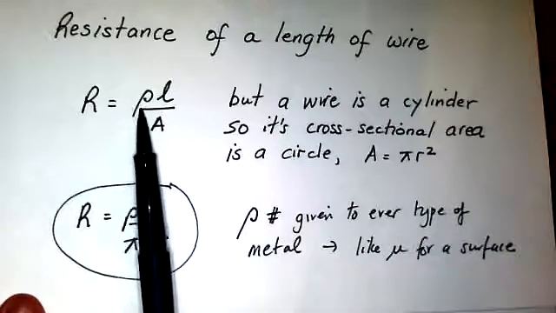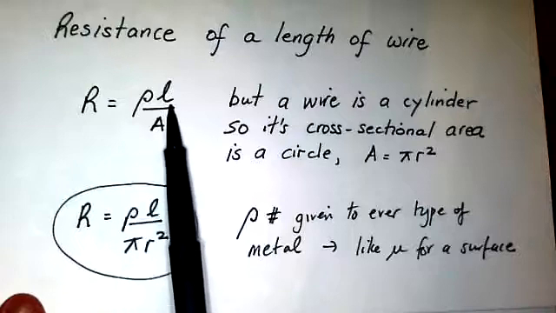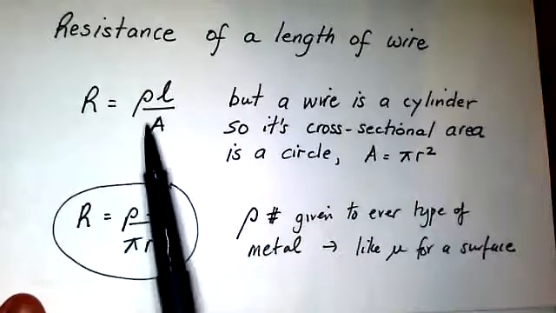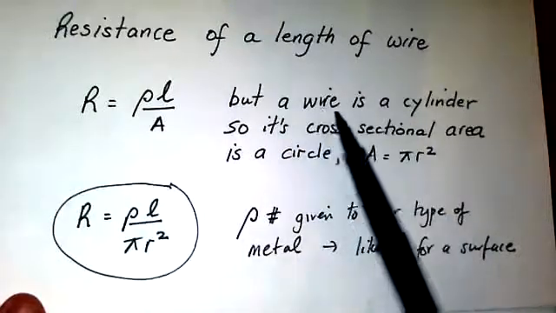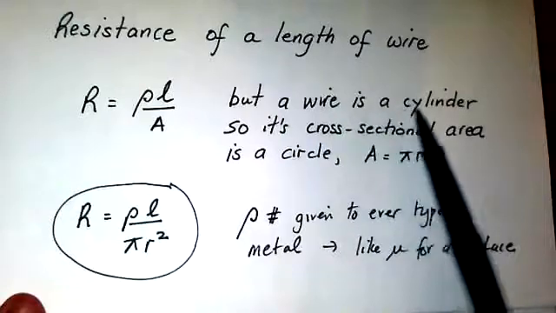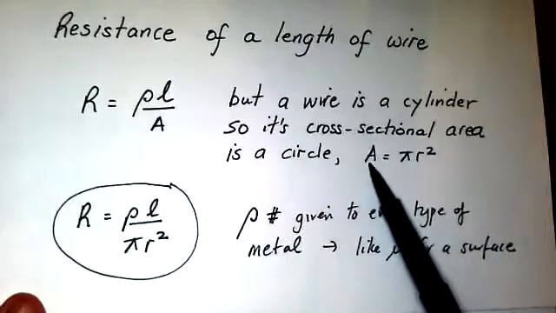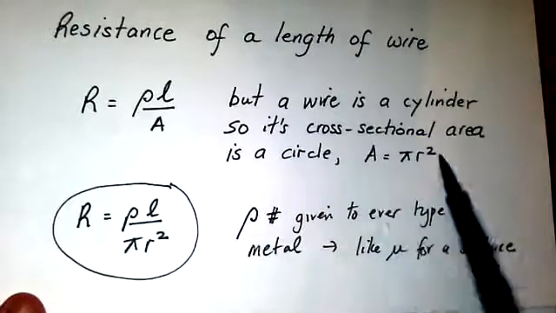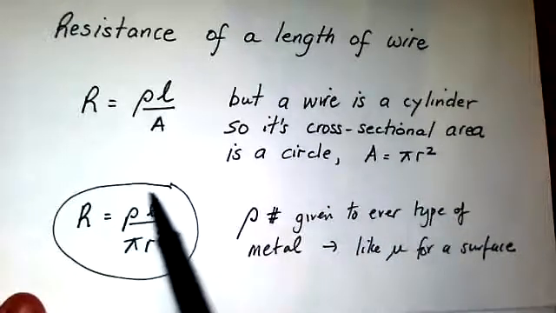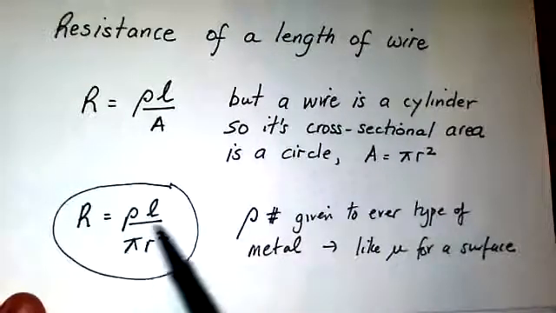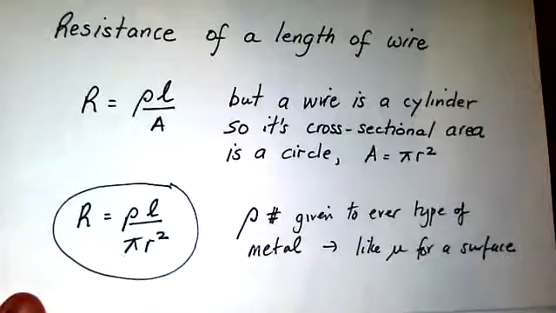So you have your resistivity, you multiply it by the length of the wire, and then you divide by the cross-sectional area of the wire. But we need to remember that the wire is a cylinder, so its cross-sectional area is a circle, therefore the cross-sectional area is pi r squared. So we can expand the formula, expanding the area to pi r squared.